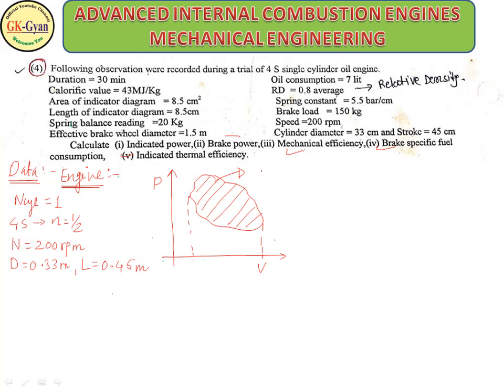So area of indicator diagram AI is given as 8.5 centimeter square. Then length of indicator diagram, denoted by Li, is given as 8.5 centimeter, and spring constant K is given as 5.5 bar per centimeter.